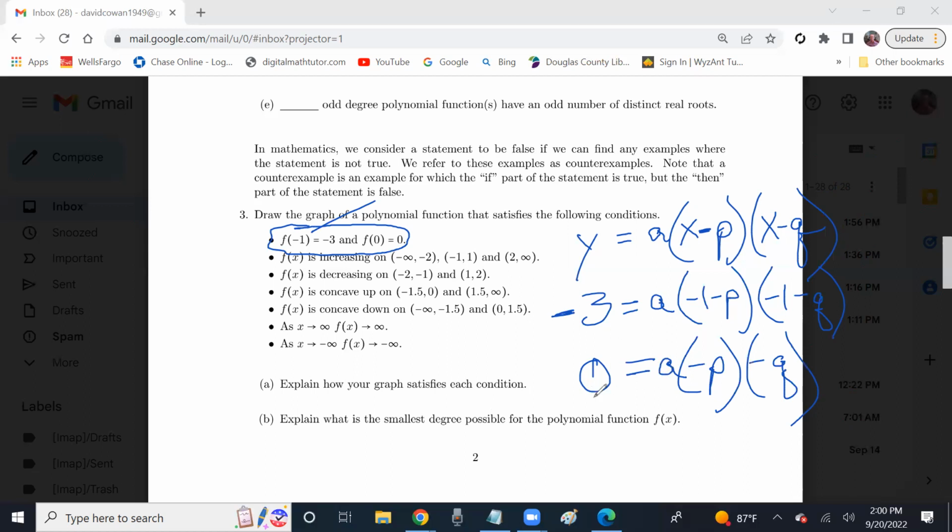And so does this allow me to solve for A? I think it does. Let's see, what does that become? Actually, maybe it doesn't. Let's see, we got 0 equals APQ, excuse me.